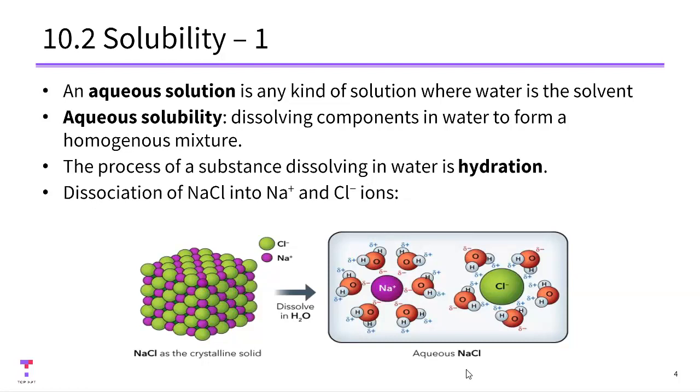First of all, we're talking about the ability of a substance to dissolve in the water. Now, the means by which this happens is something called hydration. And so what we need to think about in solution formation is that there's basically a three-step process that's going on here.